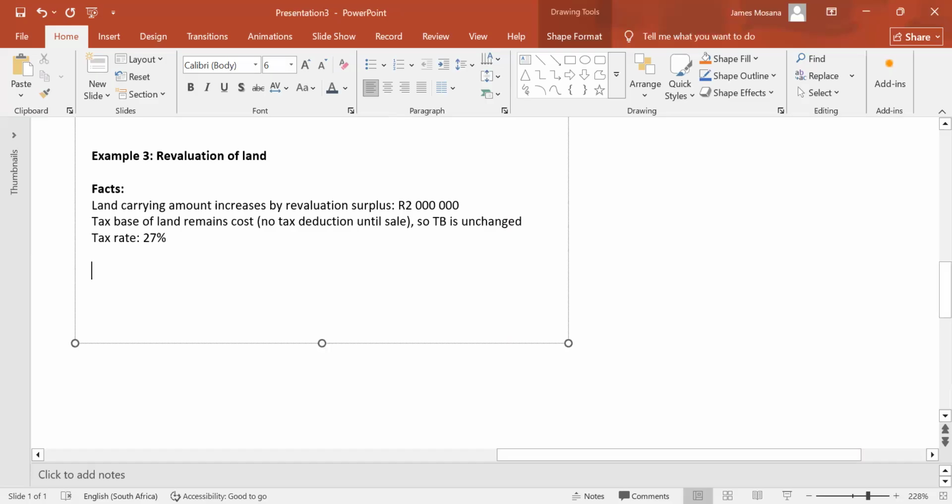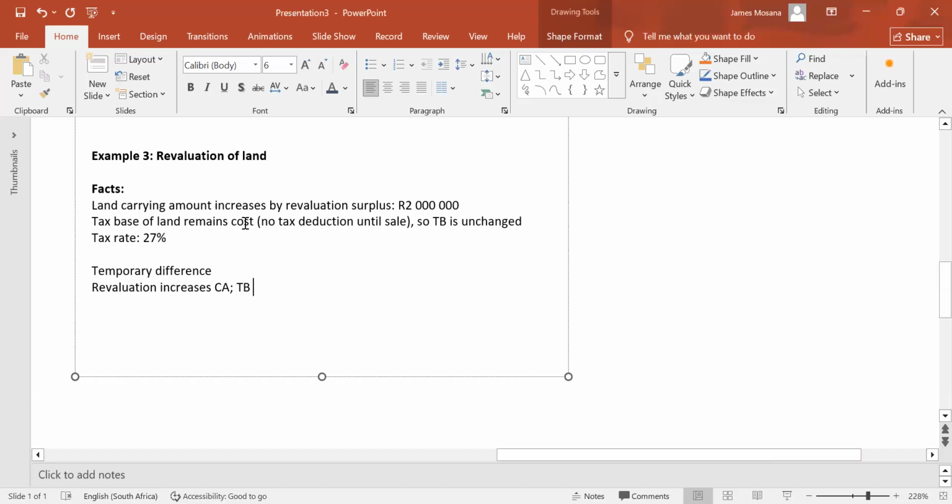So now let's think of this. What would be our temporary difference? Remember, the main goal is also to do a journal, right? So when we look at the temporary difference that we have, just to give you an overview, revaluation increases the carrying amount.